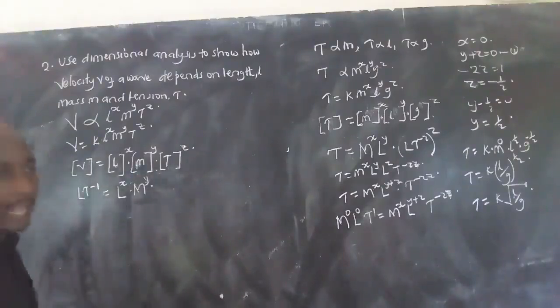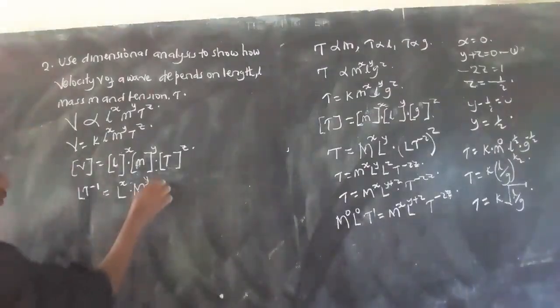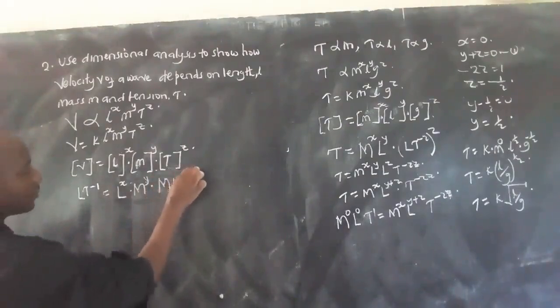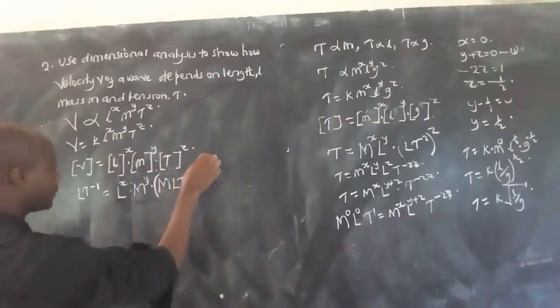Tension is a force, and force is mass times acceleration, which is M times L T to the negative 2, all to power z.